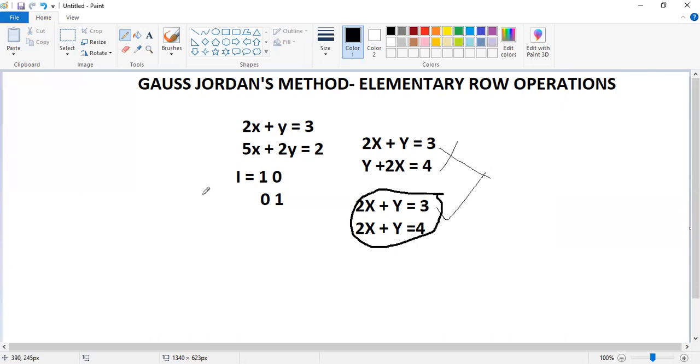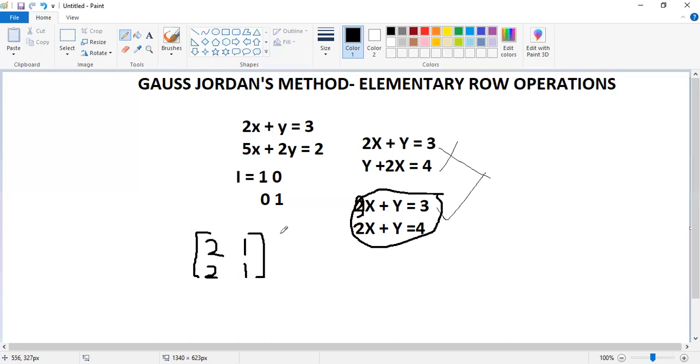This is the simplest part of the method, because all you have to do is just bring your square bracket, pick the 2 here, write the next coefficient here, which is 1, write this 2 here, just bring it down here, then the 1, you also bring it here. That's grouping the coefficients. It's very simple.